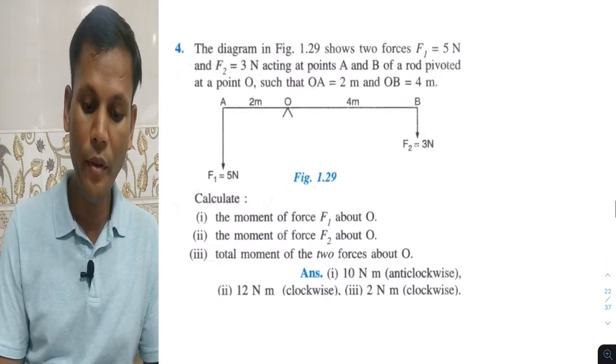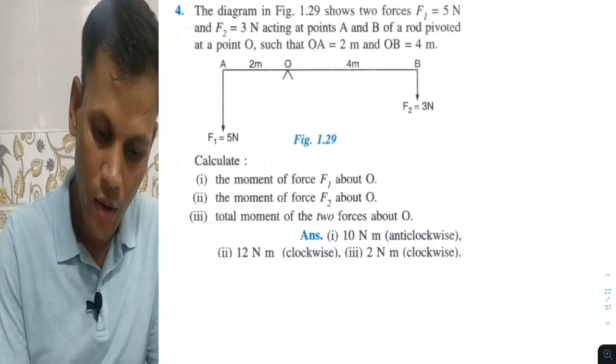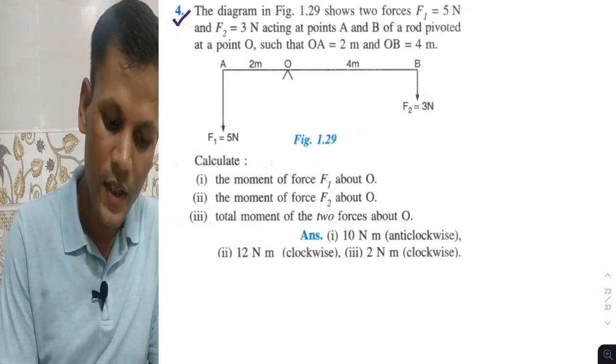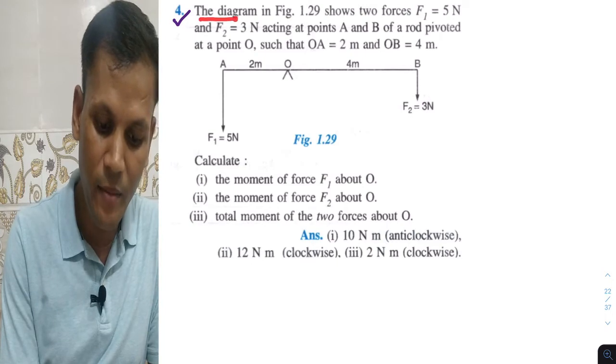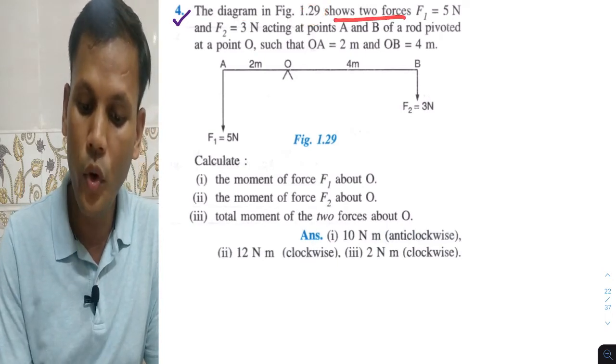Okay, now we will move to the next question, question number 4. So let us see the fourth question. What is the fourth question? The diagram in figure 1.29 shows two forces.